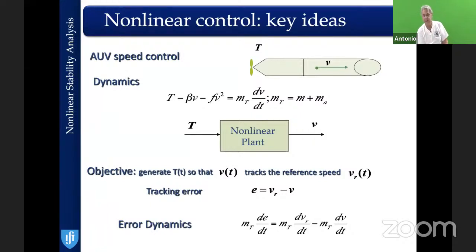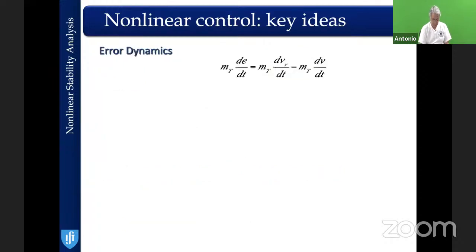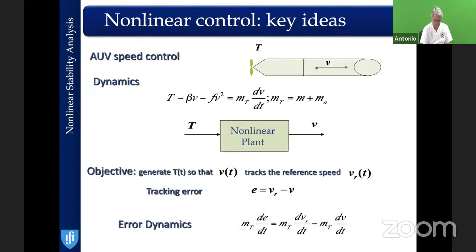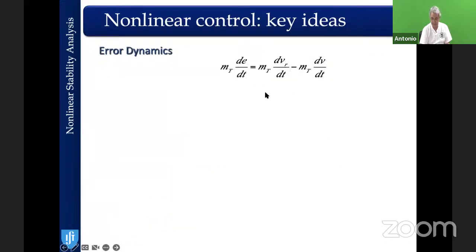So in fact, you know dvr dt in advance. Okay, so what are the error dynamics? Very simple. So forget about the MT, let's assume it's 1. dE dt is equal to dvr dt minus dv dt, and dvr dt is known. So everything boils down to finding the thrust such that the error will come down to 0.